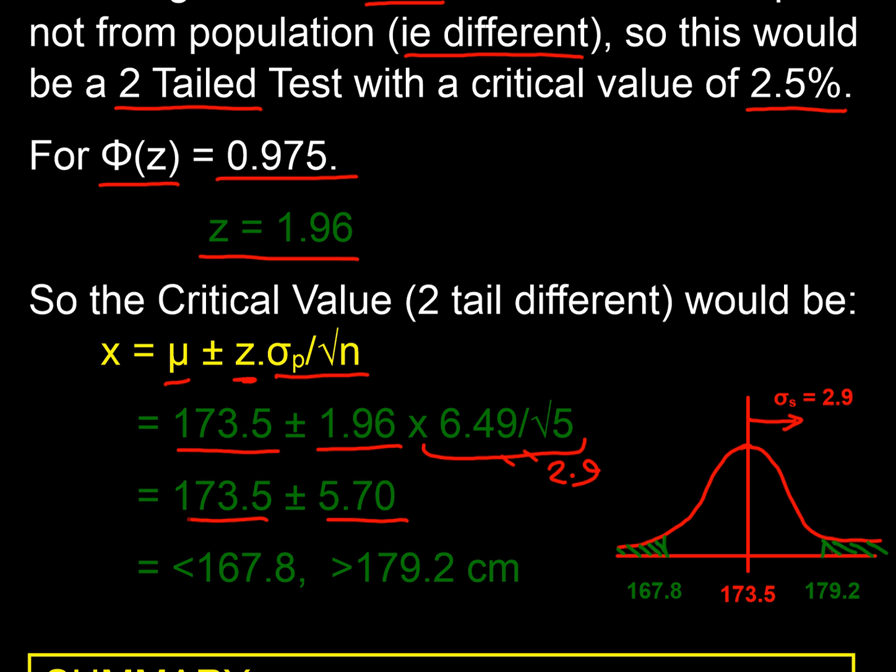So we're interested in 173.5 plus or minus 5.7. Therefore our critical values are 167.8 and 179.2, and our critical regions are below 167.8 or above 179.2, so right out on the tails. That's what we'd have to have in our sample for something to have statistically changed.